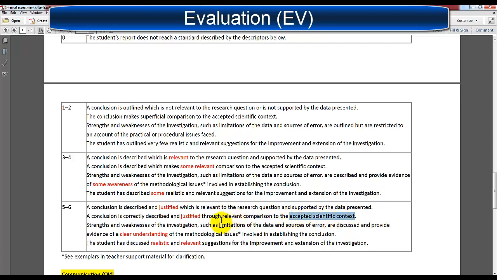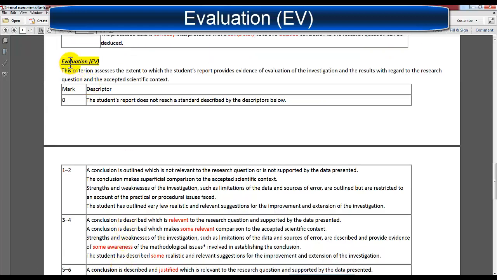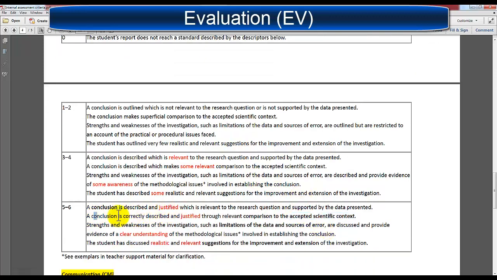So if you want to perform well in the evaluation, I would say this part is very crucial, because usually whether or not you can get 5 or 6 all depends on whether you can do this part well. Lastly, there should be a section talking about the strengths and weaknesses of your investigation, including the limitation of data.